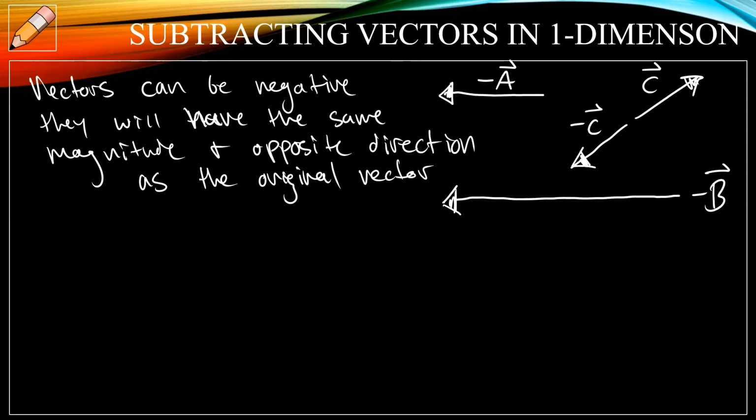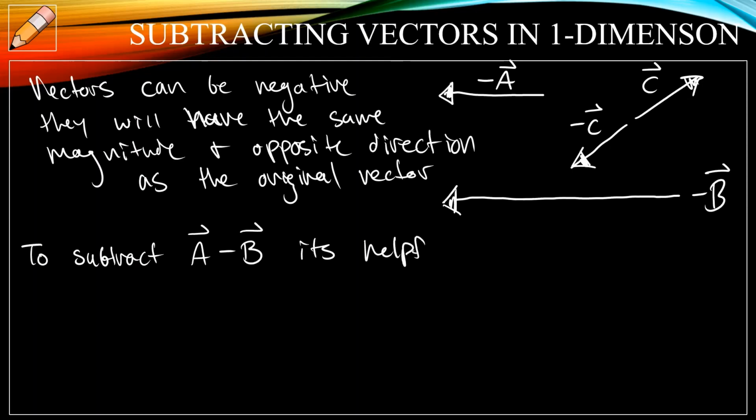And so that's really helpful for us because whenever we're subtracting vectors, like say we wanted to subtract A from B, it's helpful to rewrite it with a negative vector instead.